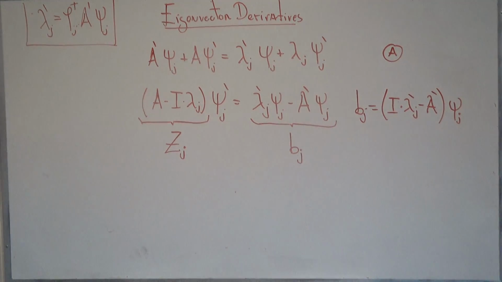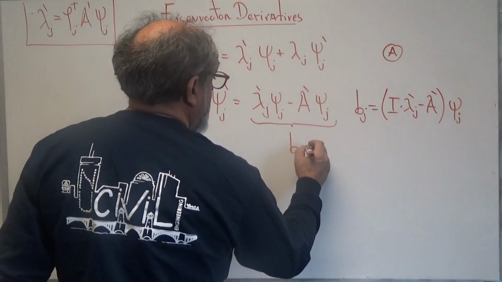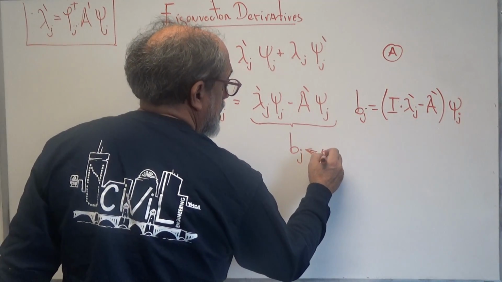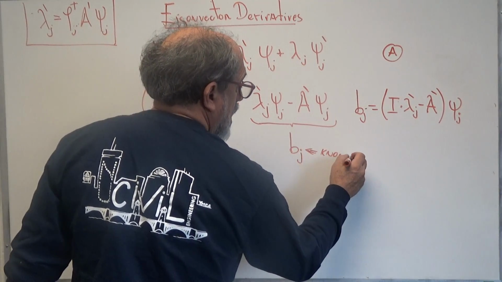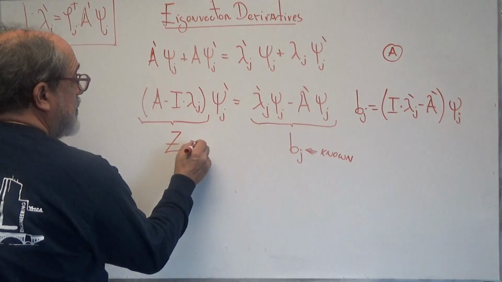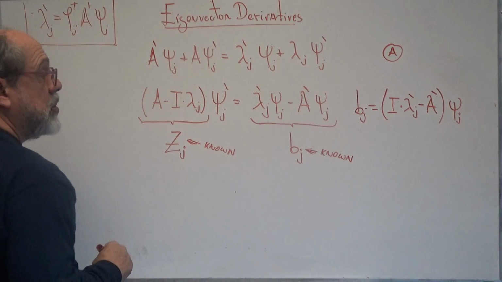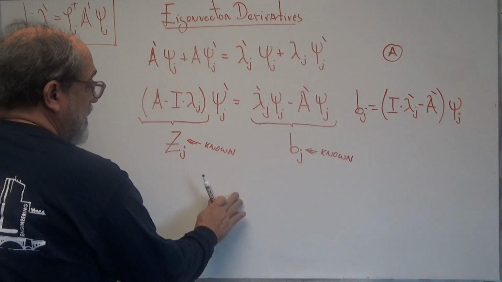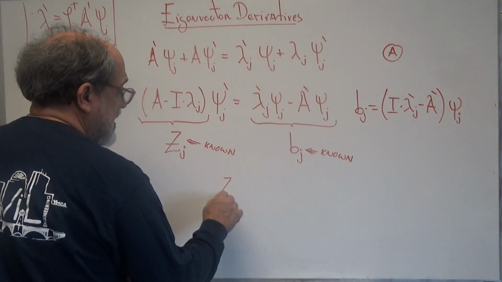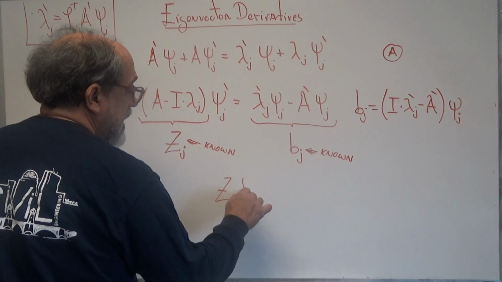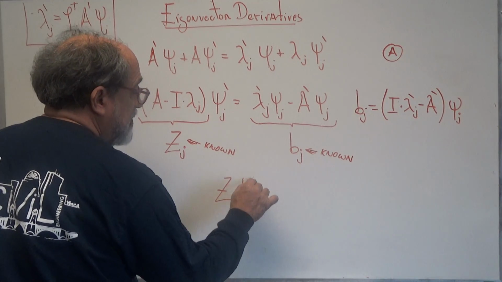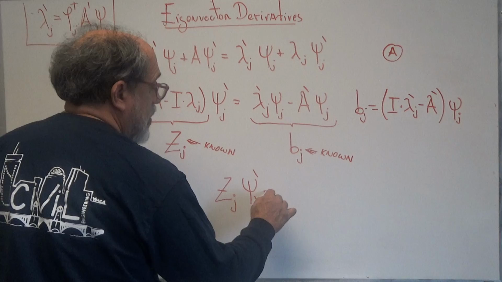In any case, the important thing is that this is known and this matrix is known. And so what we have here is simply a linear system of equations that says Zj times what you want, which is phi j prime, is equal to Bj.